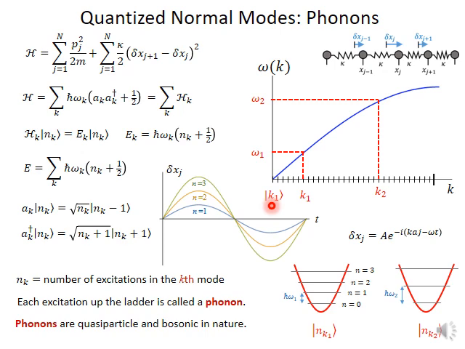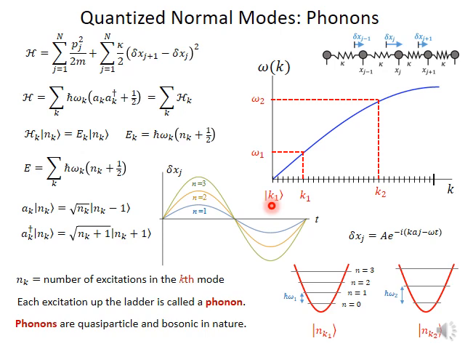So each k vector would have a substructure nk, because you can occupy them with different numbers of phonons. The primary excitation here: we have quantized the problem, and the lattice vibration, which was previously a wave, we have quantized, and each quantum of that vibration is now called a phonon.